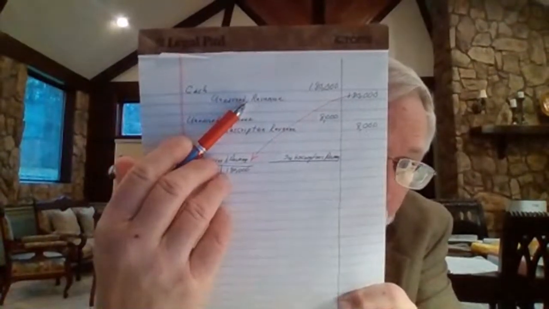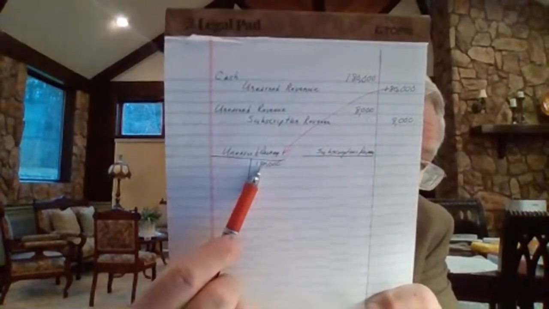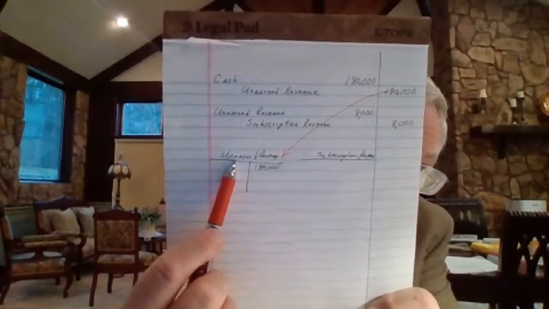Once we had the first entry, the credit to the liability account unearned revenue is a credit in the ledger. And then when we go with the second entry, unearned revenue gets a debit of $8,000. And subscription revenue gets a credit for that $8,000.